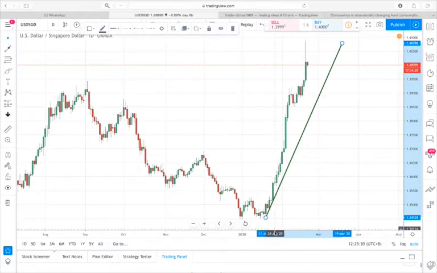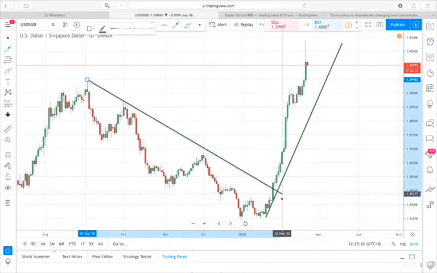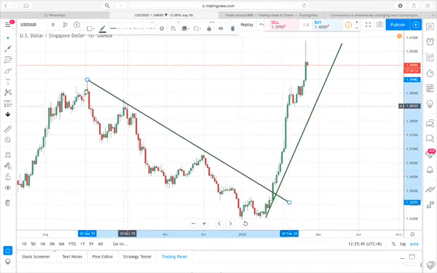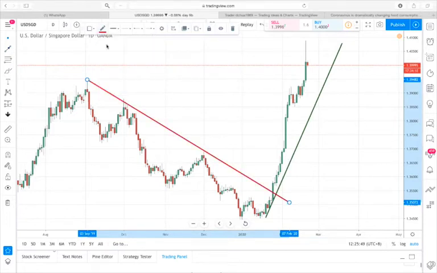So first thing first, I will draw the trend line up here to tell me that this is a nice bullish trend. Another one, of course, is we determine how it has broken out from the bearish trend line in red.